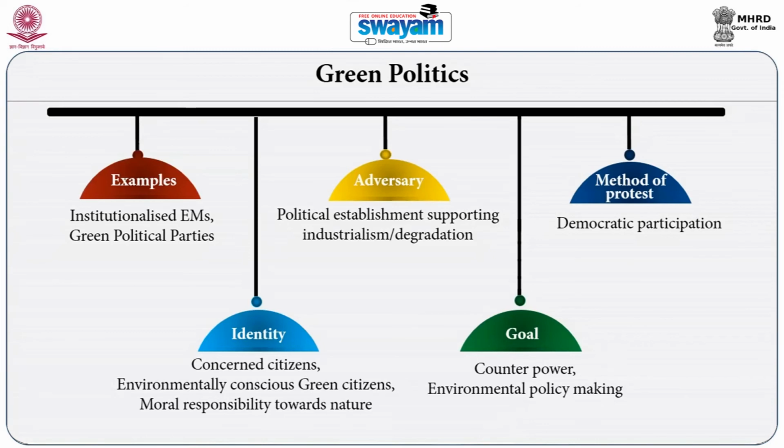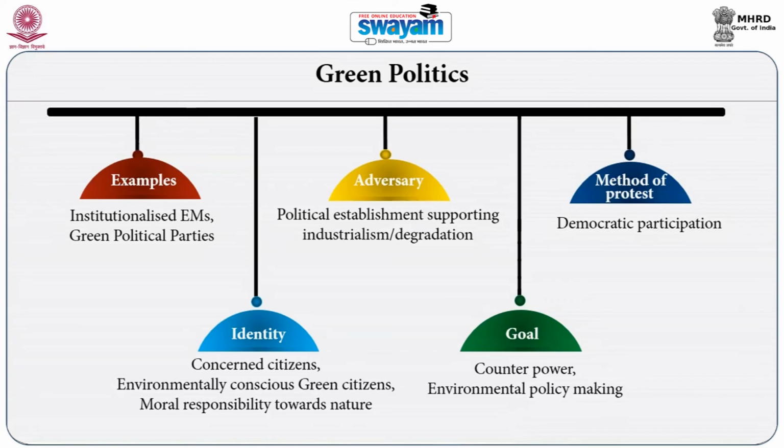So if we see these five categories of environmental movements, based on the conceptualization of environmental movement that we did in the first part of this video, we may realize that many contemporary environmental movements become difficult to conceptualize through the classical or conventional social movement framework. Because, as we discussed, these categories work inside the system, they are part of the system.